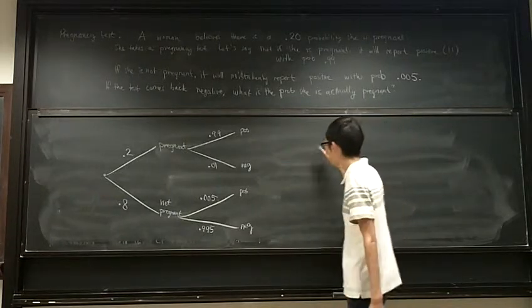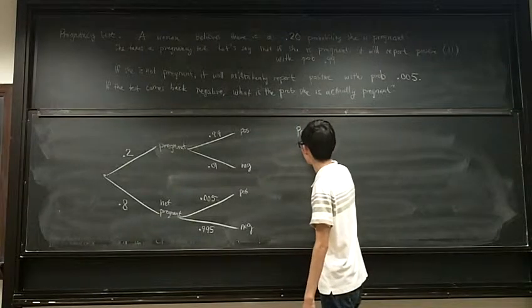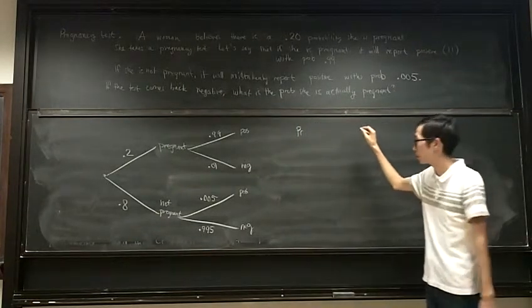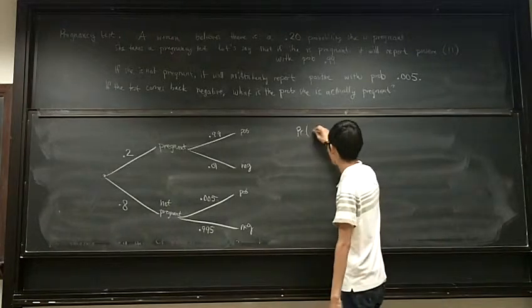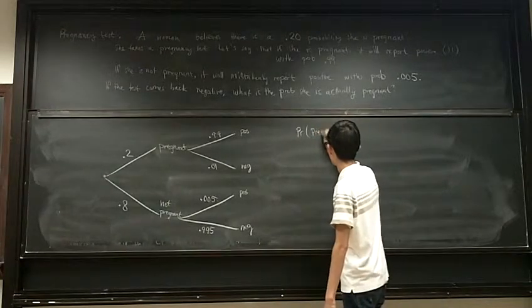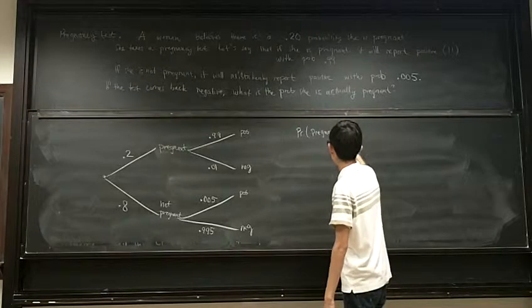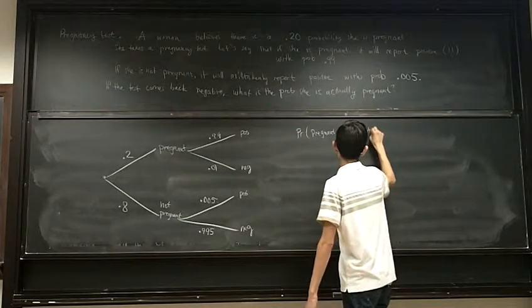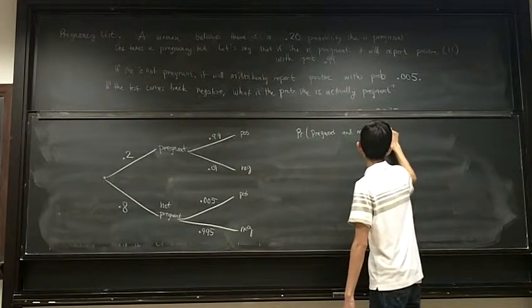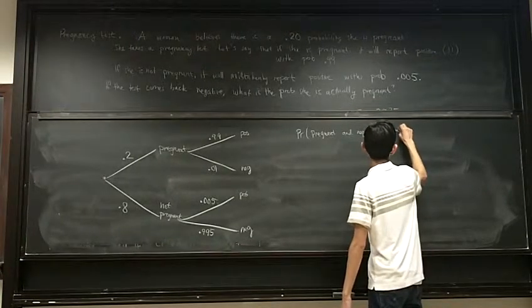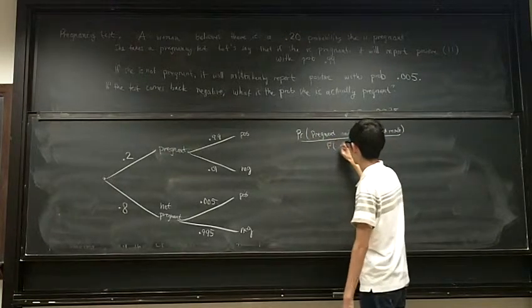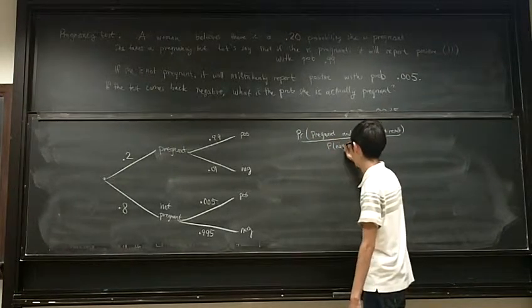Okay, this would be, what's the probability that she's actually pregnant? So pregnant and negative test results, divided by the probability that anybody gets a negative test result.